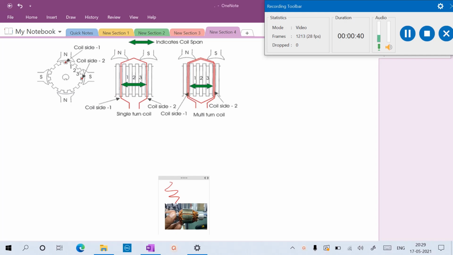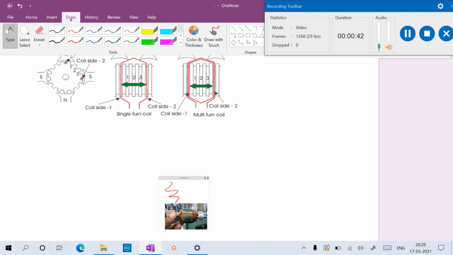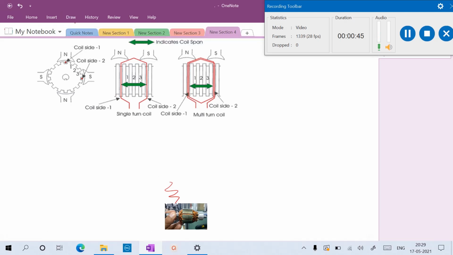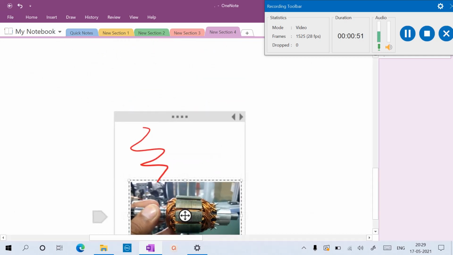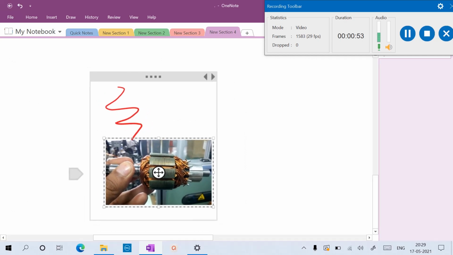Here you can see one armature, which you can observe in your laboratories.